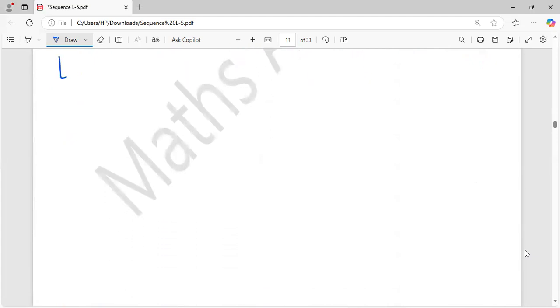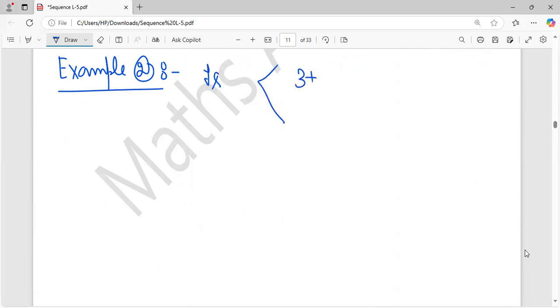Example 3. Is the sequence (3 plus 2 root n) upon root n convergent?